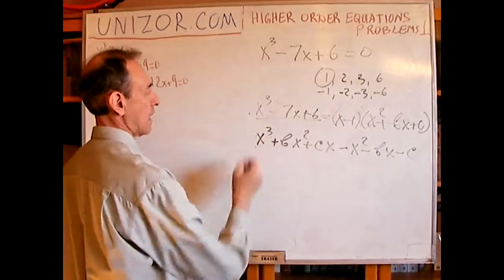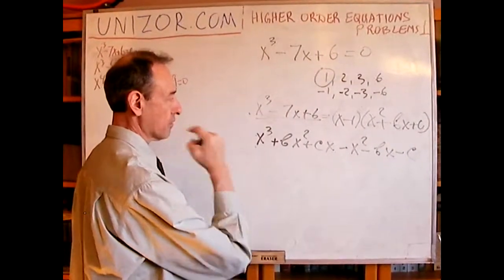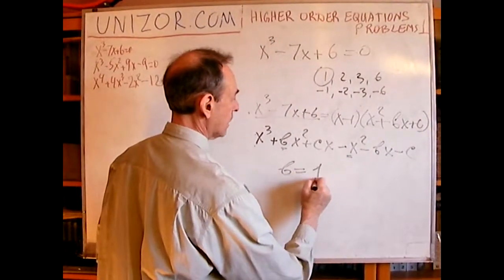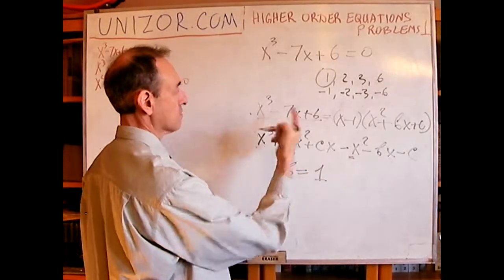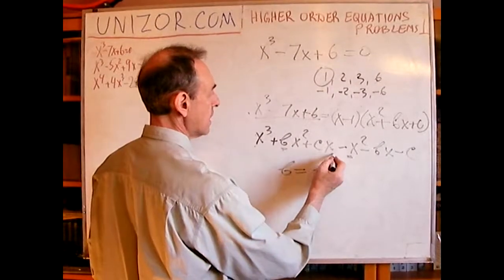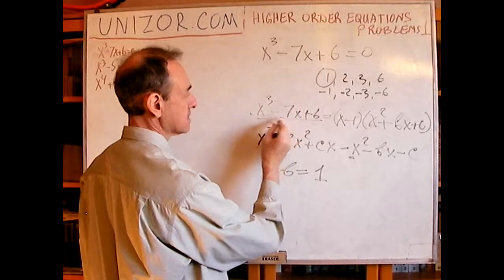Now x cubed and x cubed is fine. Now x squared, there is no x squared here, which means bx squared minus x squared should be 0, so b is equal to 1. Now cx minus bx should be minus 7, right?